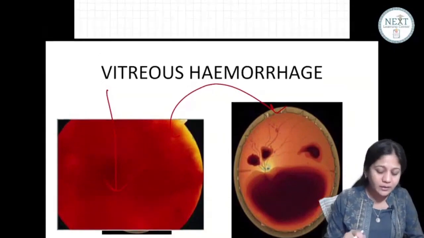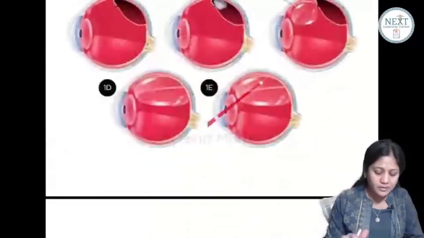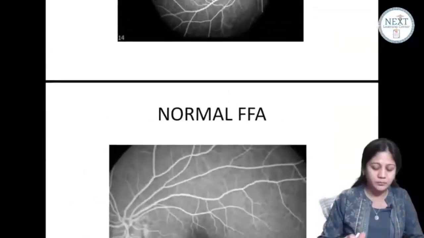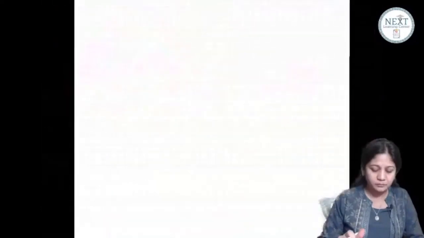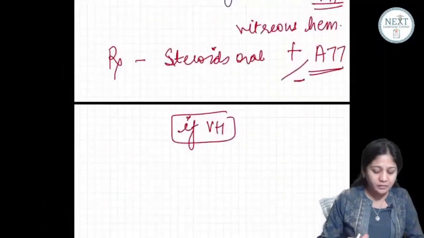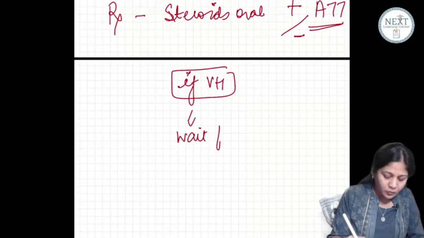Now let's see what we do. Once the patient comes to you with a vitreous hemorrhage, first of all you wait and watch. So call the patient after 1 month. Wait for 1 month.